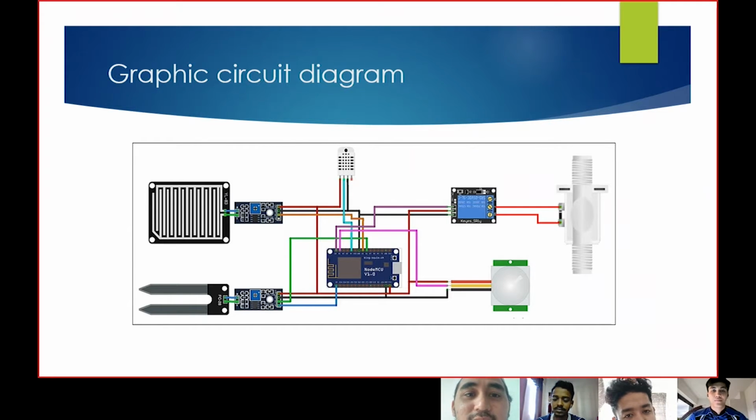For the circuit diagram, firstly, we have a NodeMCU ESP Wi-Fi development board. This offers a complete and self-contained Wi-Fi networking solution. It allows it to either host the application or offload all Wi-Fi networking functions from another application processor.